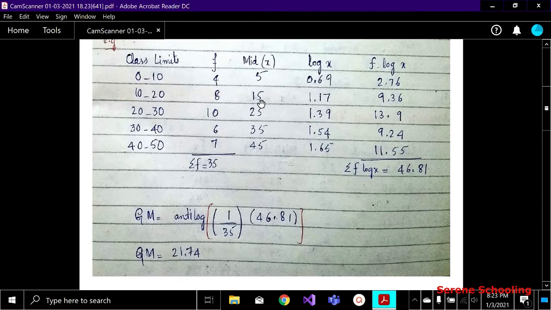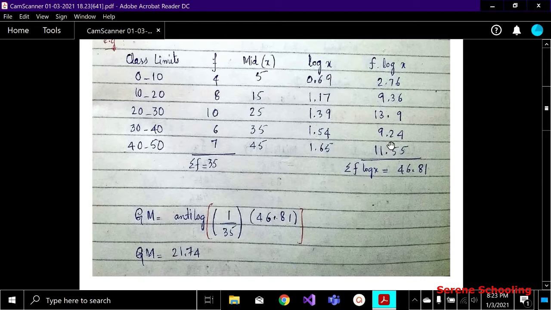Then we take the log of the midpoint because that is the formula, and f into log x gives us this. And similarly for the other data.